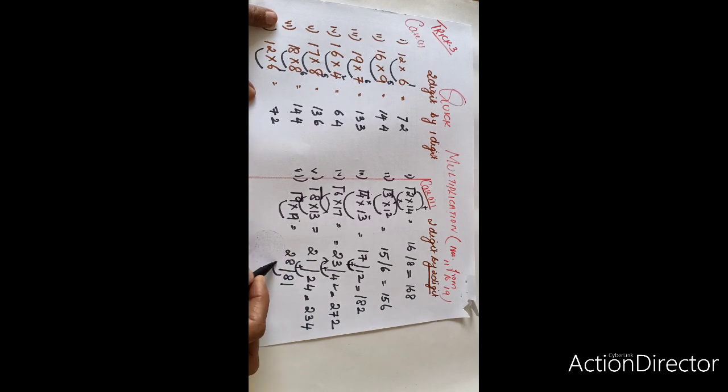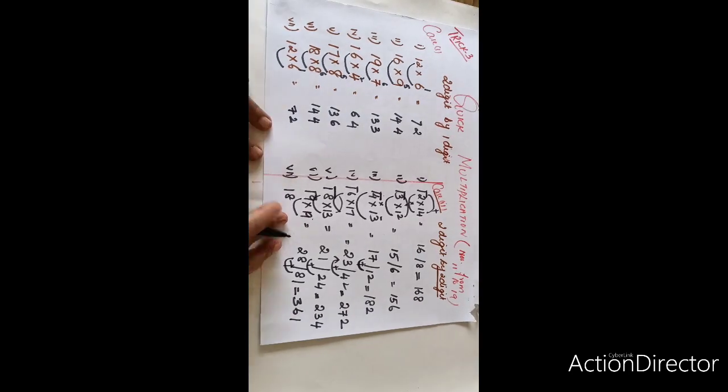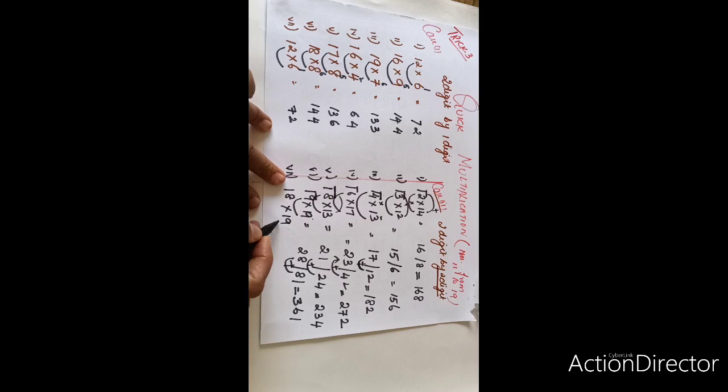Now add the carry, which is equal to 361. Final one, last sum, 18 into 19. So this is 8 9s are 72 and 18 plus 9 is 27. Now after adding the carry I am getting 342.